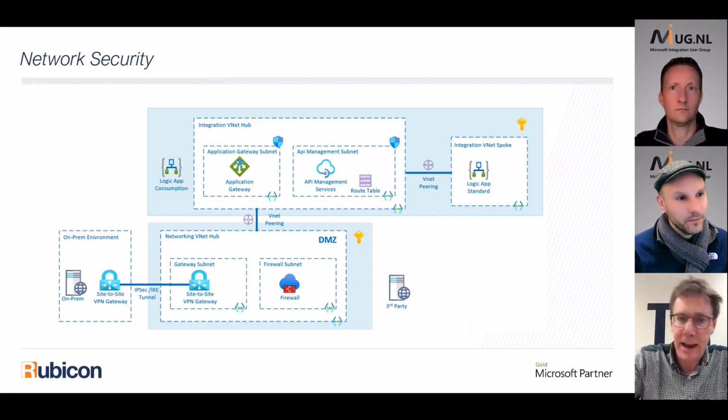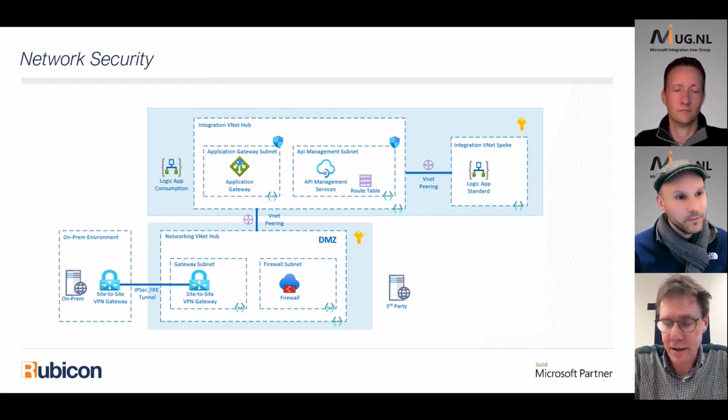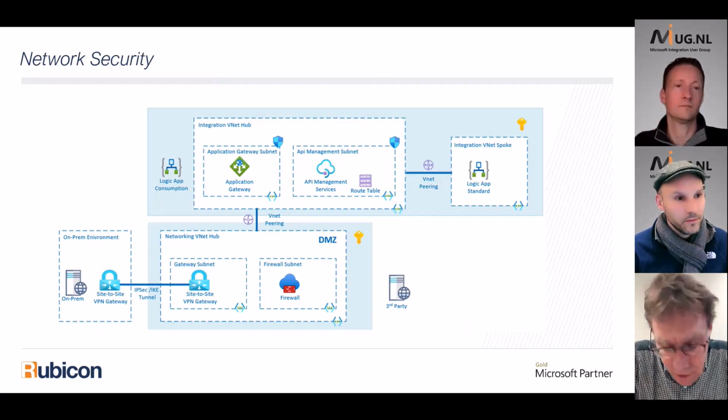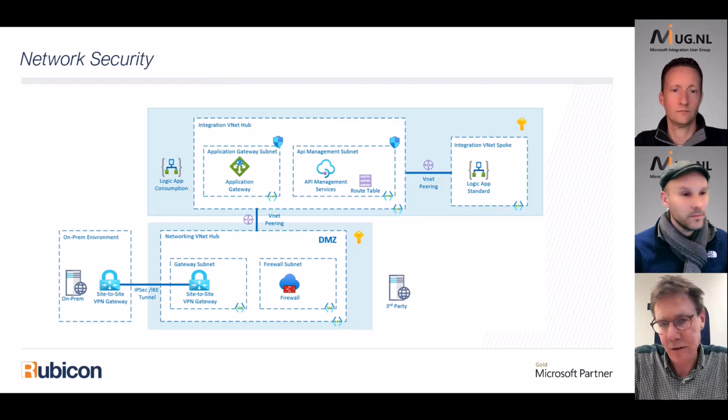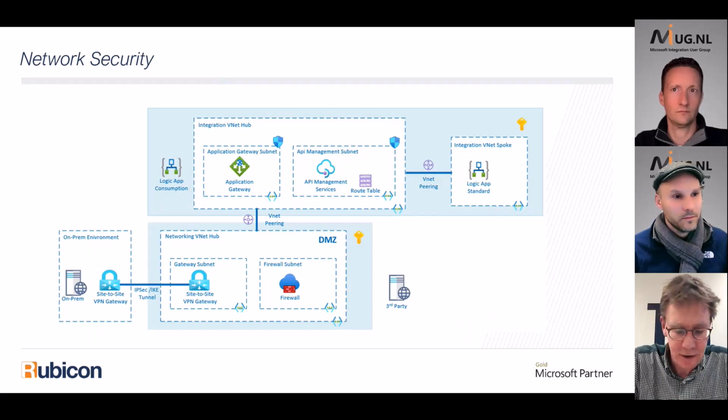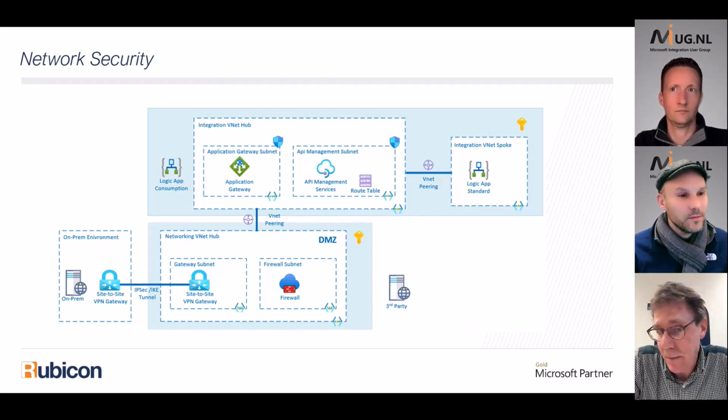It's more secure. You can add more layers of security, defense in depth, if I would label it. And you also give more control to the networking department, and that's also very important to most clients. So yeah, that's the main thing that we do.